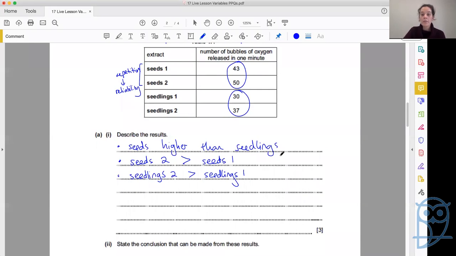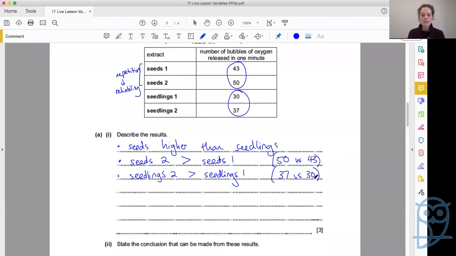Remember also when we're describing, we like to give values. So 50 versus 43 and 37 versus 30. Now, I am assuming that you can turn these into beautiful sentences with all the words that you need. These are our three main points that we want to talk about.